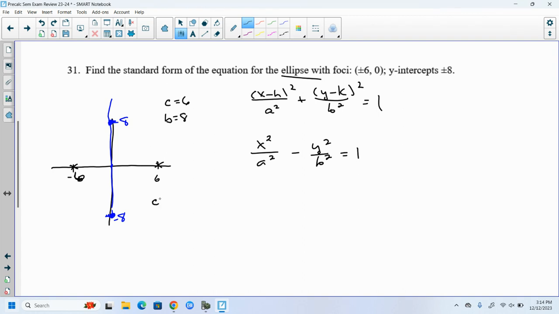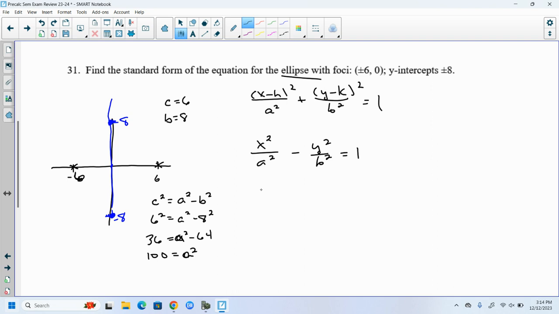For an ellipse, c squared equals a squared minus b squared. We are looking for a squared. So we get 6 squared equals a squared minus 8 squared. When I add 64, I get 100 equals a squared.